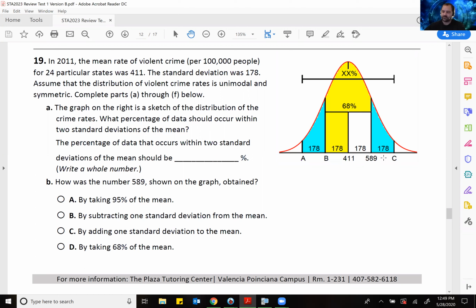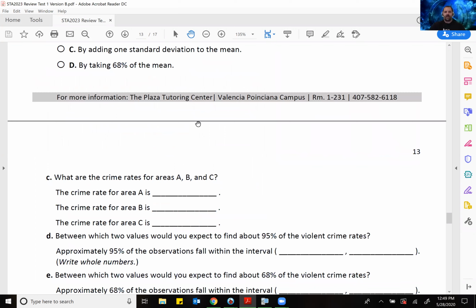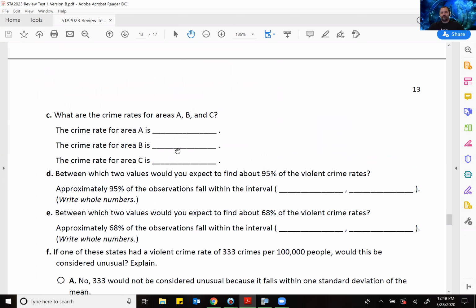Both are correct, but I like to think about it in terms of the standard deviation being multiplied and then added or subtracted on. So what is C then? 767. So A is 55, B is 233, C is 767.